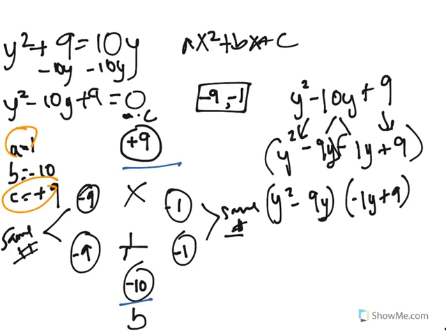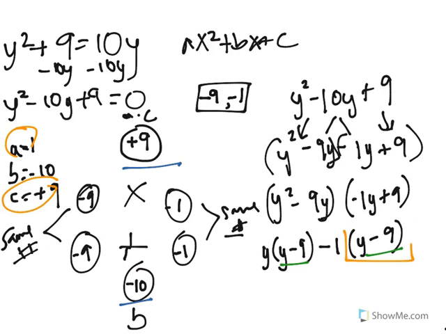Okay? So we are going to take out a negative 1, and we'll have y minus 9. And then on this side, we're going to do y minus 9. Okay, great. So both of these match, so we know we have not made a mistake, okay? And this is going to be one of them, remember?